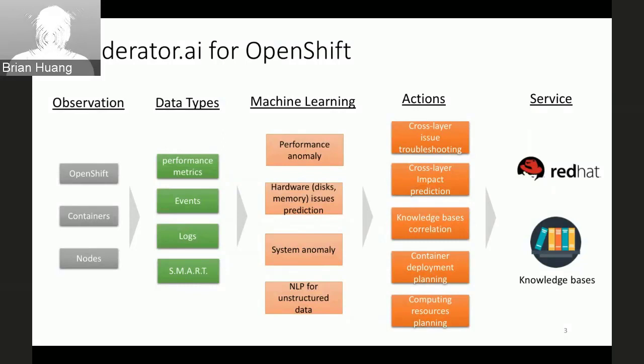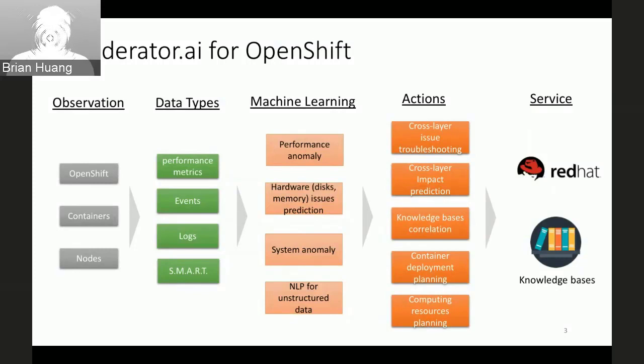The actions that users can take include cross-layer issue troubleshooting. In Federated AI, we put the cross-layer aspect as our core value of AIOps, because when an IT administrator wants to troubleshoot an issue, just looking at the application performance issue is not enough.